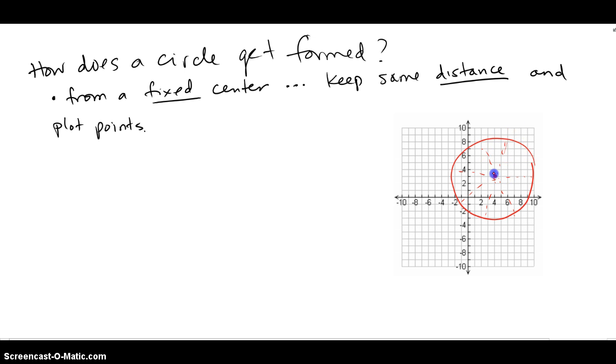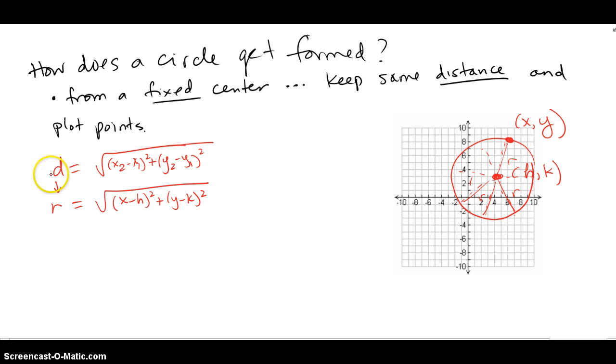So the distance d, or in our case the circle, we call it the radius, is the same all the way around. So no matter what ordered pair xy I choose, from the center, which we call hk, the distance is always the same. So we can use the distance formula for these 2 ordered pairs. So we say the distance stays fixed to be the radius.